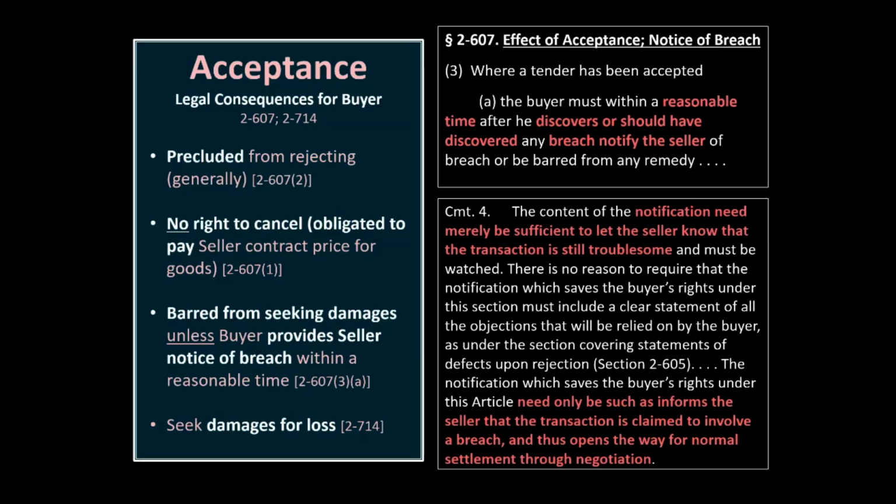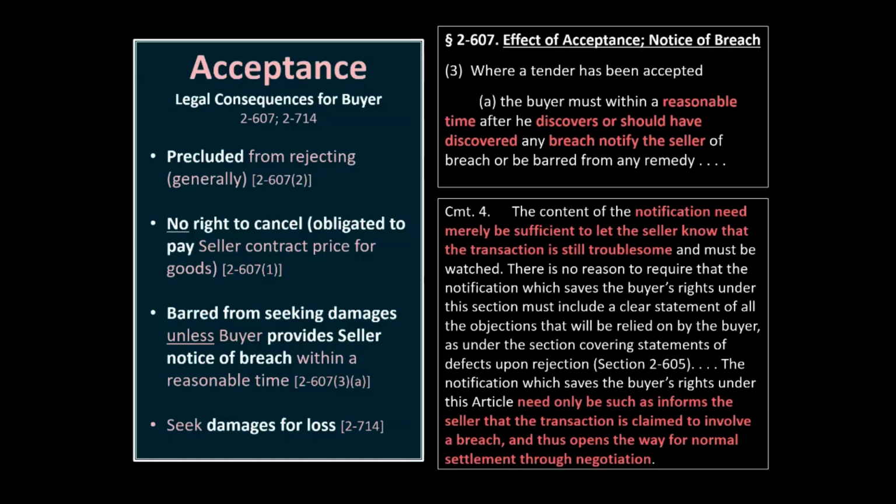Recall that under section 605, if the buyer rejects the seller's nonconforming tender, but the buyer, in its notice of rejection, fails to identify a particular defect, and that defect was ascertainable by a reasonable inspection, and seller could have cured the defect had the buyer's notice made the seller aware of it, then the buyer's rejection on the basis of the undisclosed defect is unjustified and wrongful. In contrast to a rejecting buyer, if the buyer accepts nonconforming goods, then there is no similar requirement that the buyer's notice to the seller identify the particular defects.